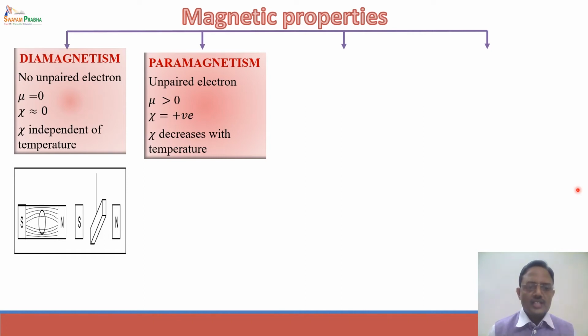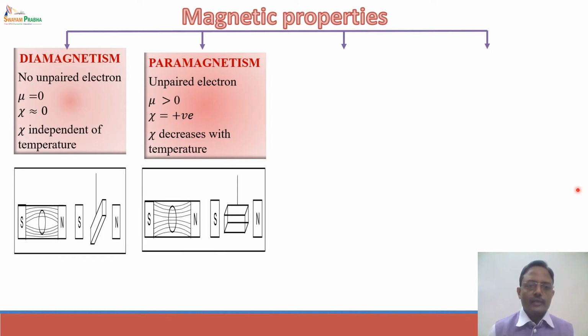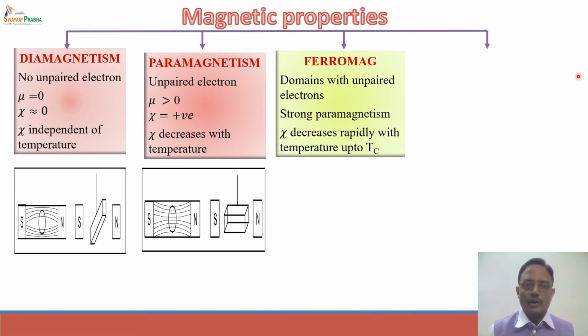If we place such a substance in a magnetic field, the magnetic lines of force prefer to pass through it as compared to the vacuum, and as a result, the substance aligns itself in the direction of the applied magnetic field. The third type of magnetism is called ferromagnetism.